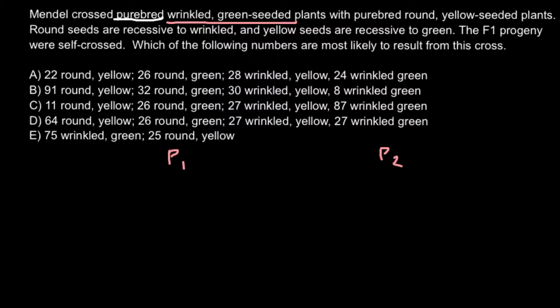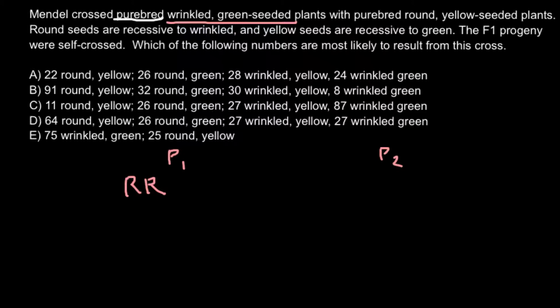So if we use capital R to designate this allele, we would have for parent 1 two capital R alleles for this locus. We also know that it is green seeded, and here we have information that yellow seeds are recessive to green.